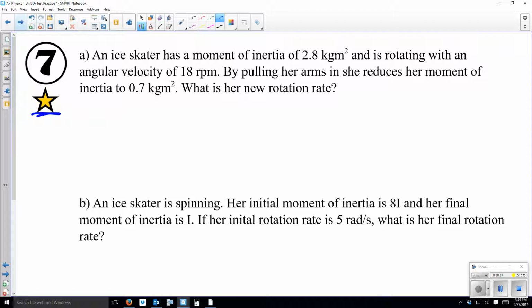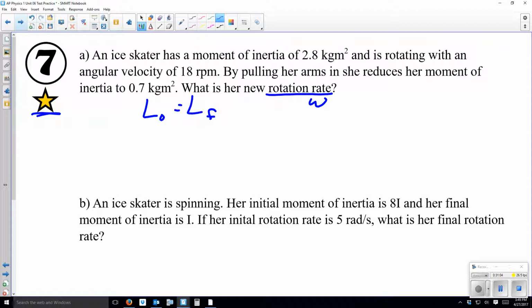So what we've got here is an ice skater with no forces acting on her from the outside. She's just bringing her arms in. And because of that, we know that the momentum at the beginning must be equal to the momentum at the end. So at the beginning, we had I initial times omega initial equals I final times omega final.